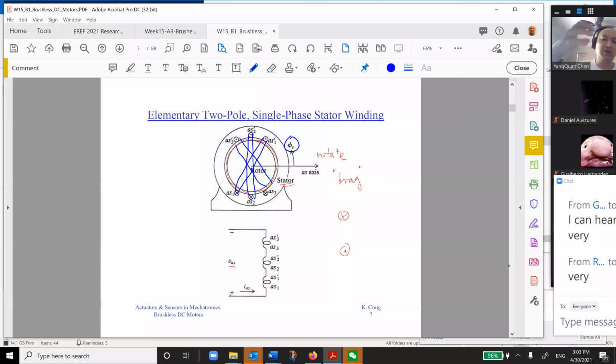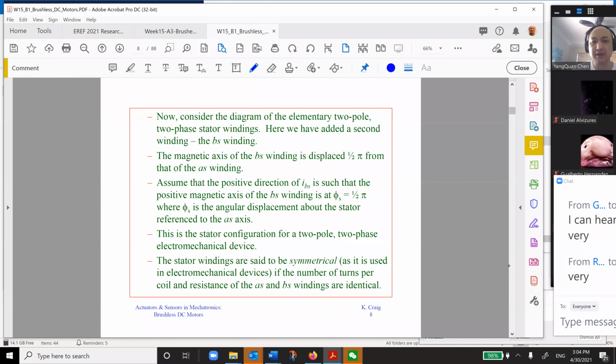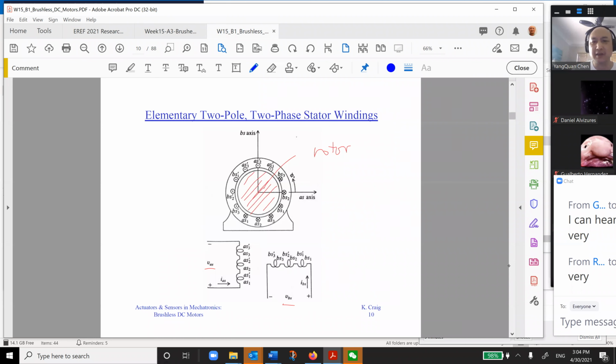This rotating magnetic field produced by the stator will drag the rotor to rotate. That's the basic idea of the AC motors. You can also make it more elaborate, like an elementary 2-pole, 2-phase stator winding.